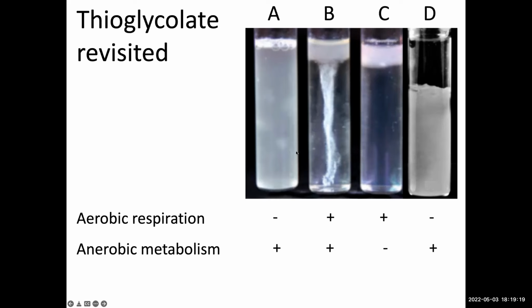Anywhere we see that there's growth at the bottom, we know that it's capable of doing some kind of anaerobic metabolism. We don't know what it is. Is it anaerobic respiration? Is it fermentation? We can't be sure, but we know for sure it's doing some kind of anaerobic metabolism because it is alive down here.